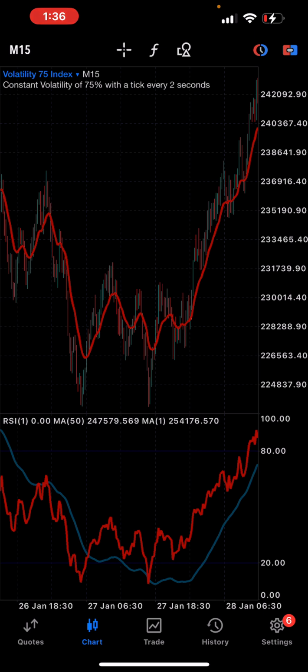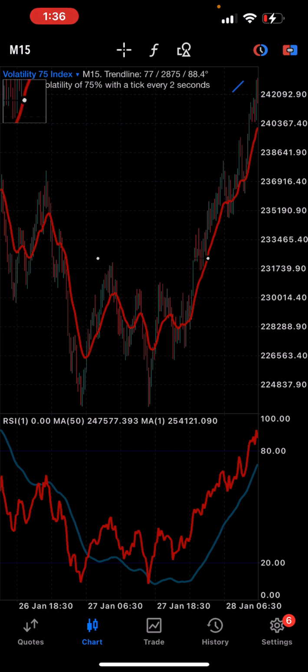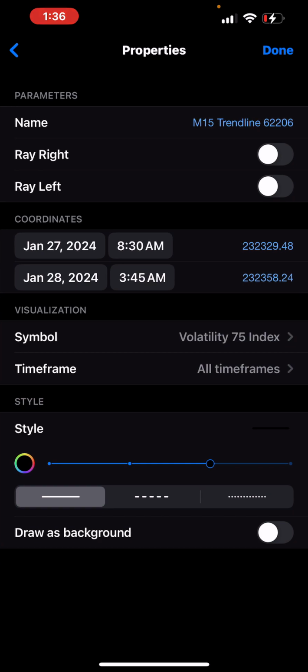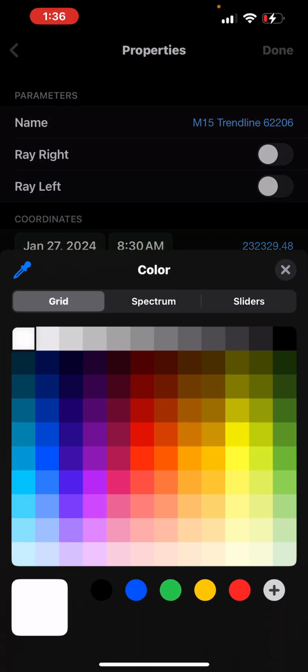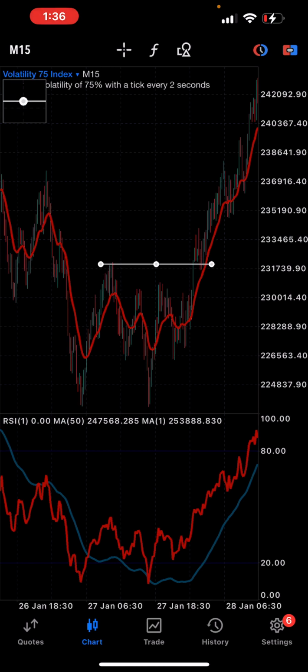Here there was a lot of noise, so you need a little bit of understanding of price action. Let me modify the color to white. Now you see the market is not trading above this area yet. Anything you try to do, you end up being trapped. You'll be in a range.